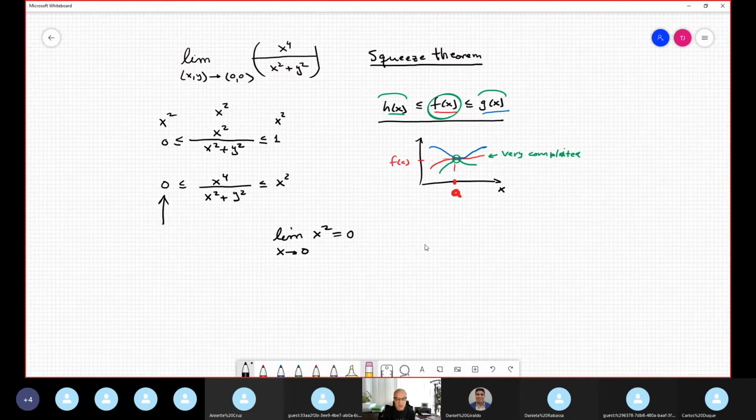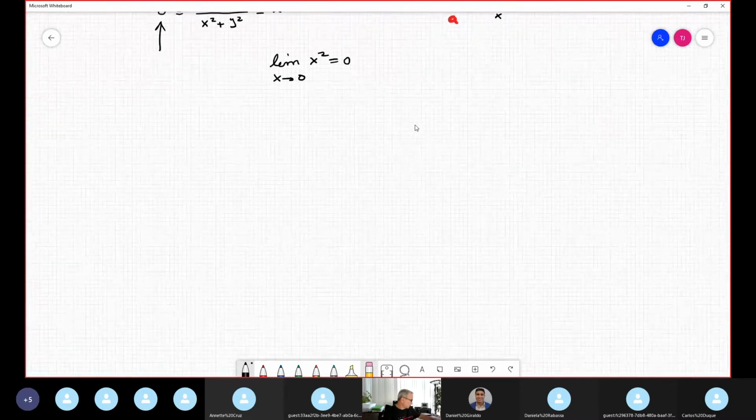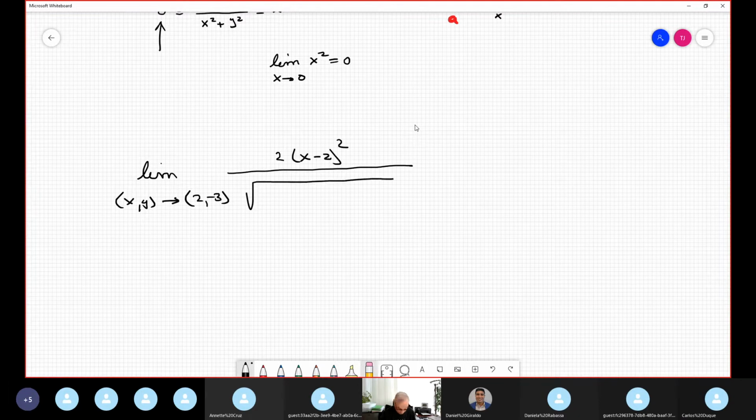I bring another more interesting and complicated example. Suppose the limit as x comma y approaches the point 2 comma negative 3 of one complicated expression, which is 2x minus 2 squared over the square root of (x minus 2) squared plus (y plus 3) squared.